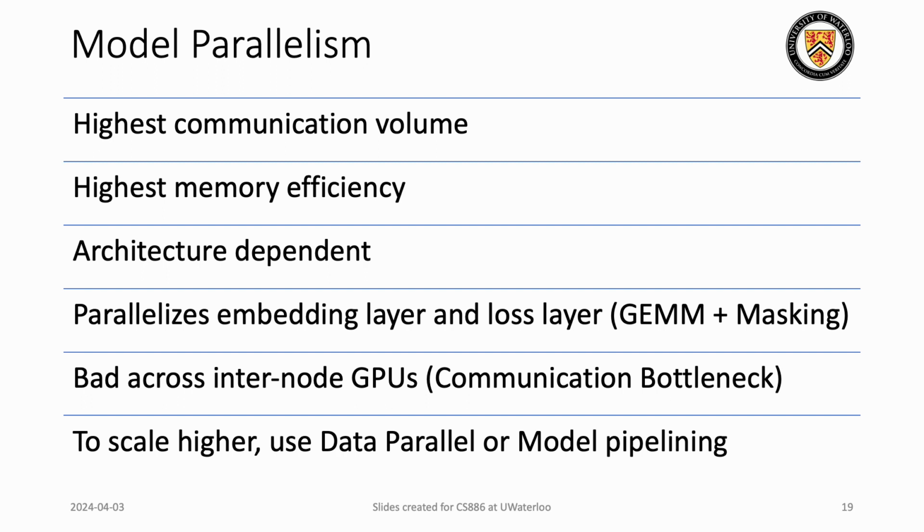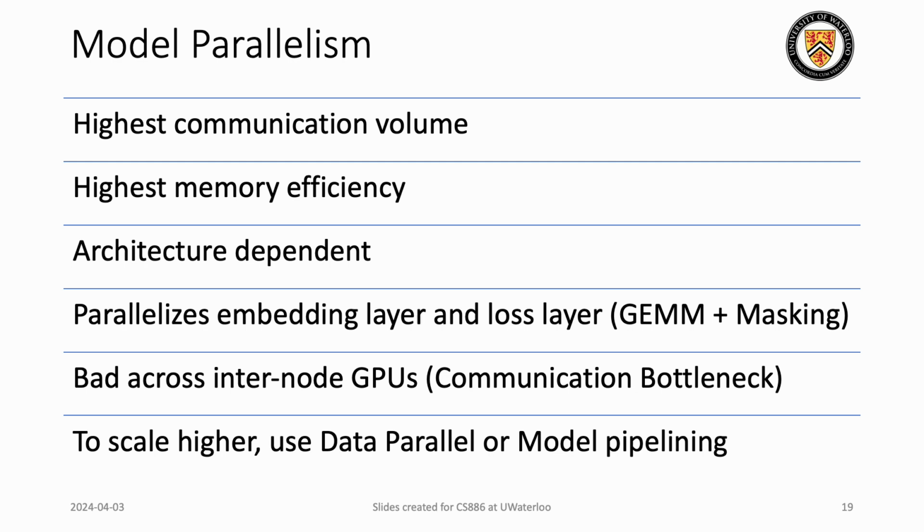But as we said, it's the highest communication volume, but it has the highest memory efficiency because we really split the computation across devices. However, it reduces the granularity of the computation while also increasing the communication overhead, which makes it not very good in cases where it would be across multiple devices.